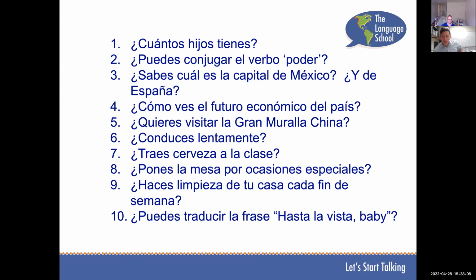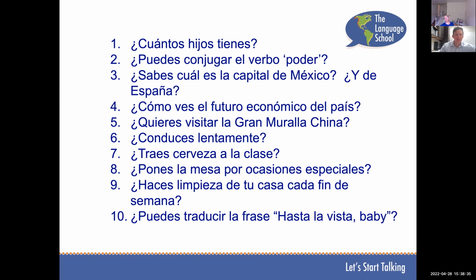Muralla China. ¿Conduces lentamente? No, conduzco lentamente. ¿Traes cerveza a la clase? No traigo cerveza a la clase.